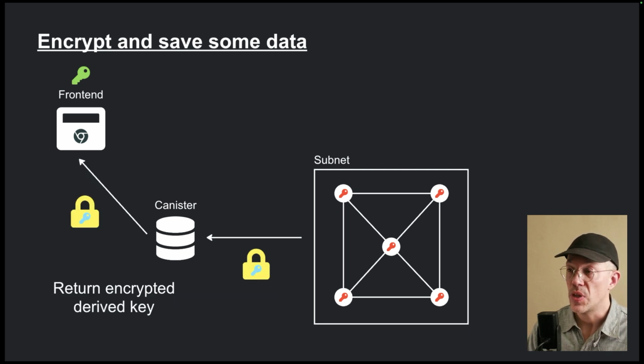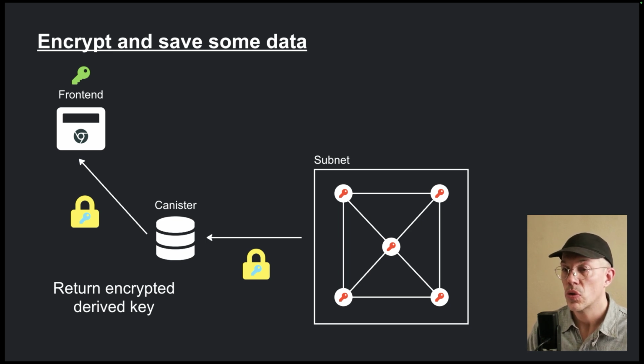The subnet proceeds with deriving a new key based on the derivation ID using the transport public key that we provided, which means that the key generated is encrypted at the moment of creation. So the subnet nodes never have access to the unencrypted key before sending it.